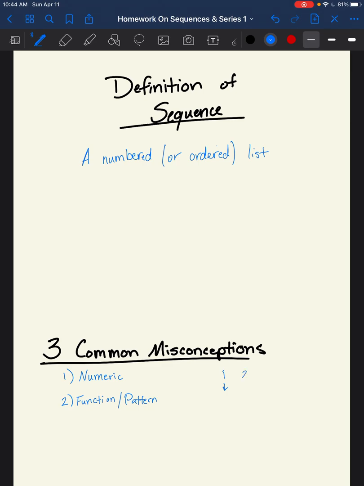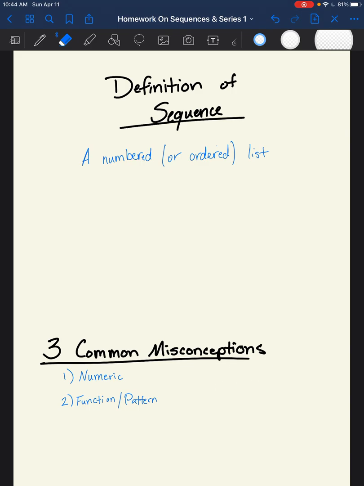If I take the number 2 and plug it in, I get some number that follows a pattern. If I plug in 3, I get the next thing in the pattern. This is not always true. I can't always plug in a number and get something out that follows that same pattern.